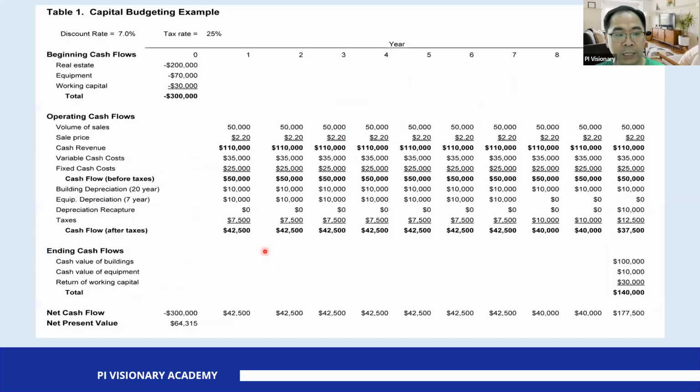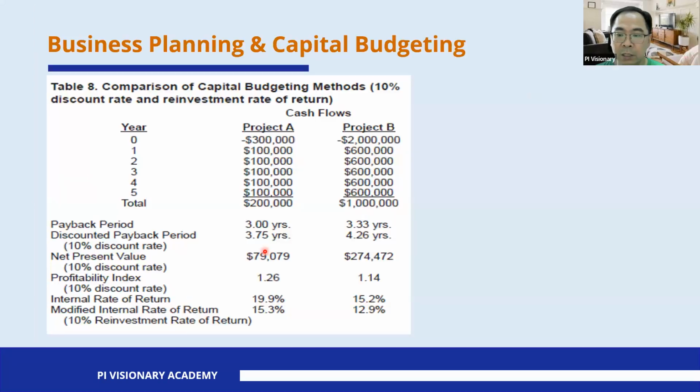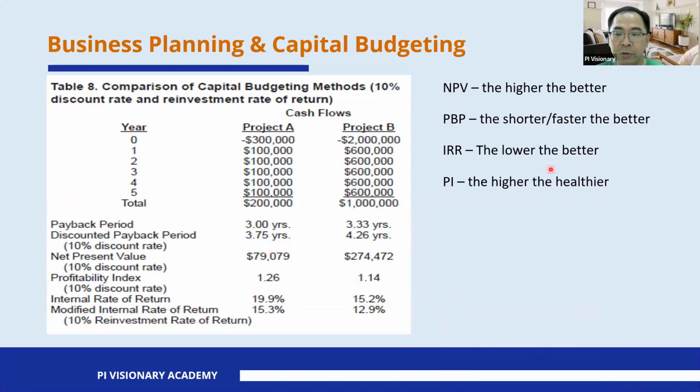You can Google what IRR is about, but I just want to share with you how to read the percentage displayed by the finance director. And then PI. PI is the profitability index. The higher, the better. Of course, profitability.